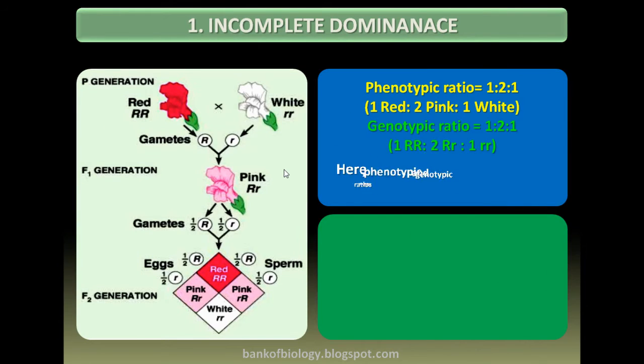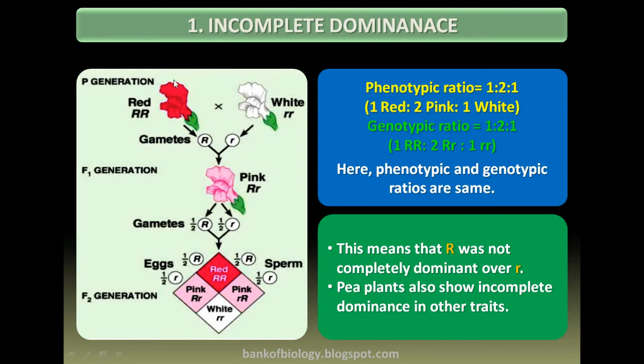For example, if a red flower having the dominant gene capital R and a white flower with the recessive character small r are crossed, the intermediate character pink is obtained in the F1 generation, and it is capital R small r as the heterozygous form. This means capital R is not completely dominant over small r.